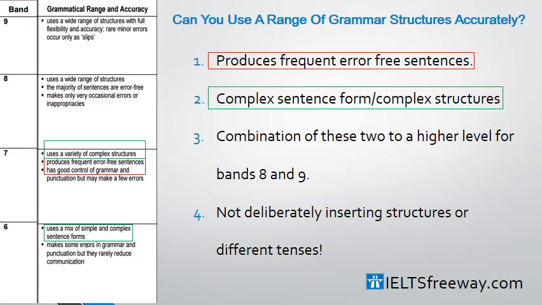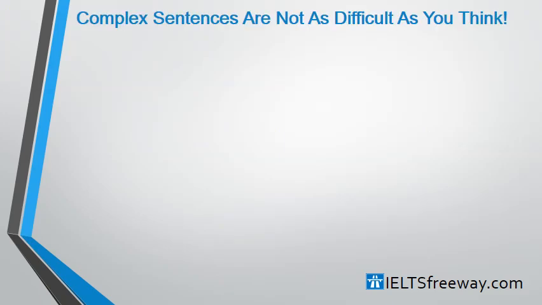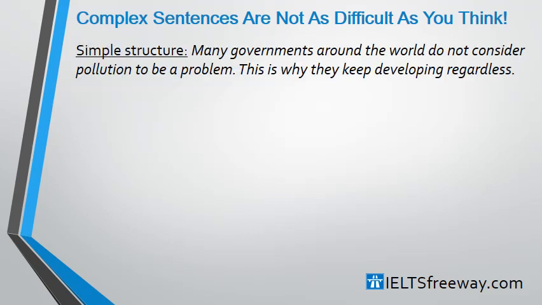So, how can you write complex sentences? Well, actually, it's not as difficult as you might think. Take a look at this simple structure. Example number 1, many governments around the world do not consider pollution to be a problem. Full stop.